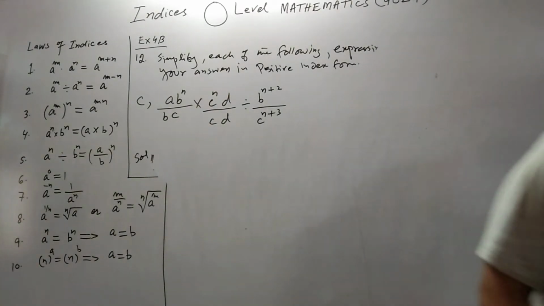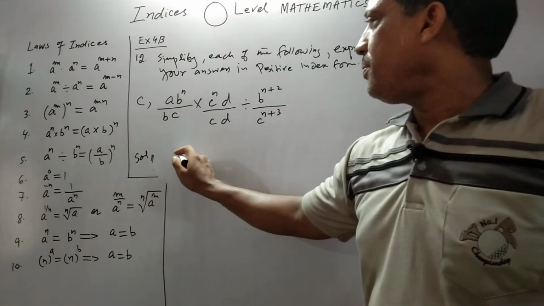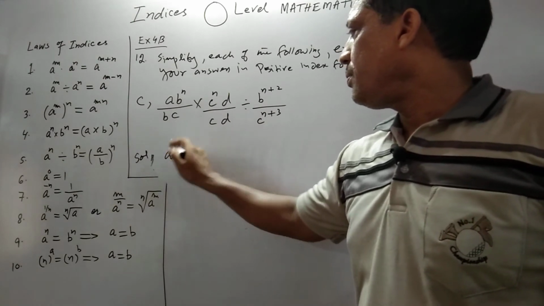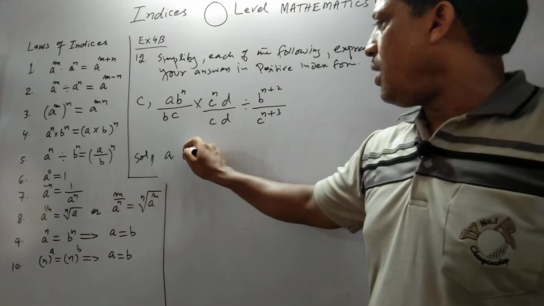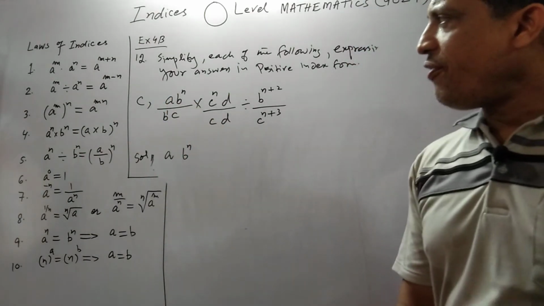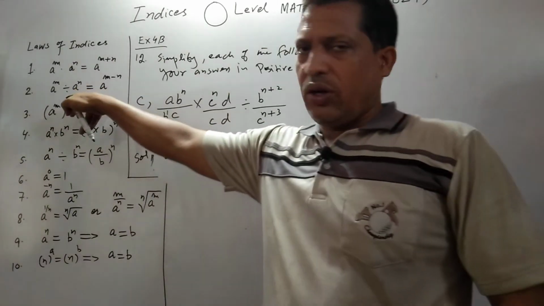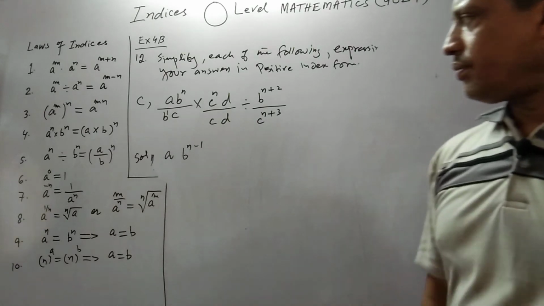No. So write this a the same. This is b power n and this is b power 1. So if we apply the second law, this 1 becomes minus 1.